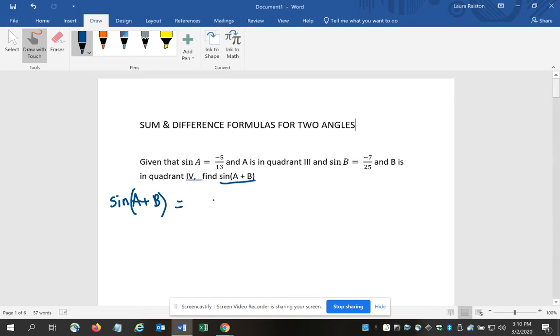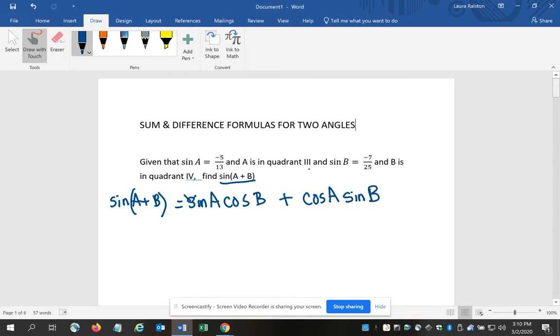The formula for the sine of A plus B is the sine of angle A times the cosine of angle B plus the cosine of angle A times the sine of angle B.